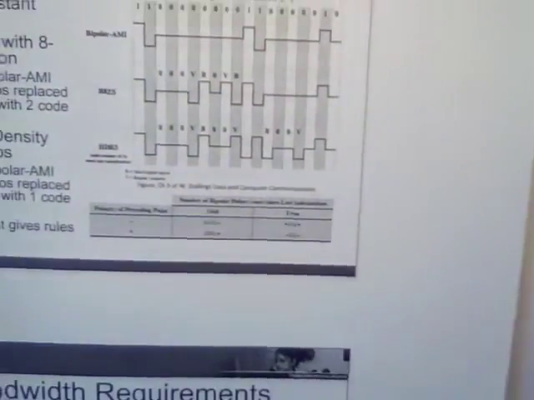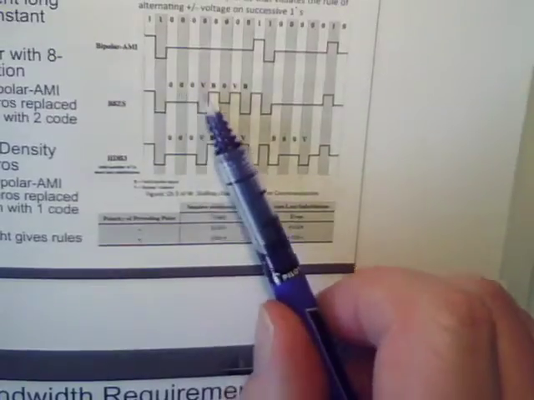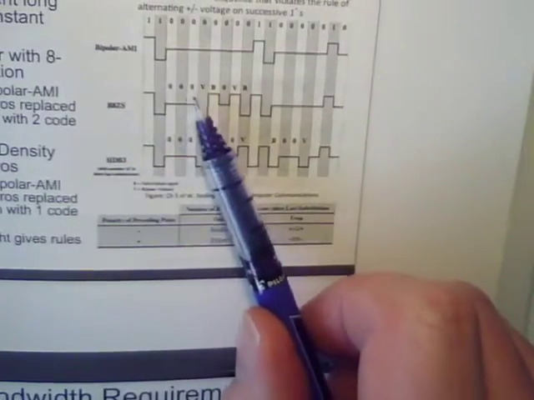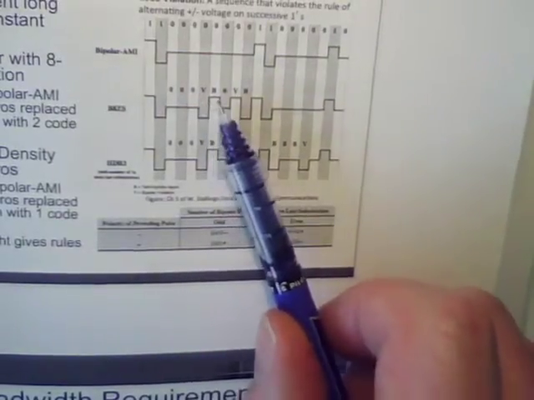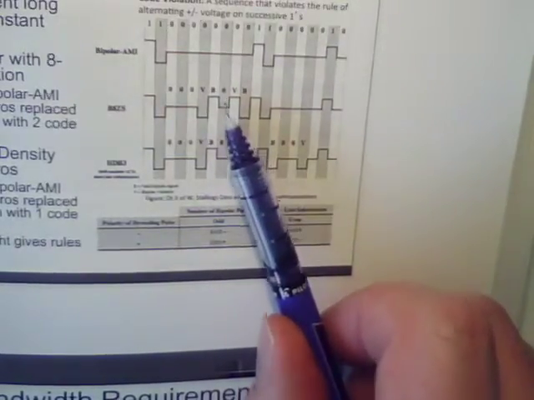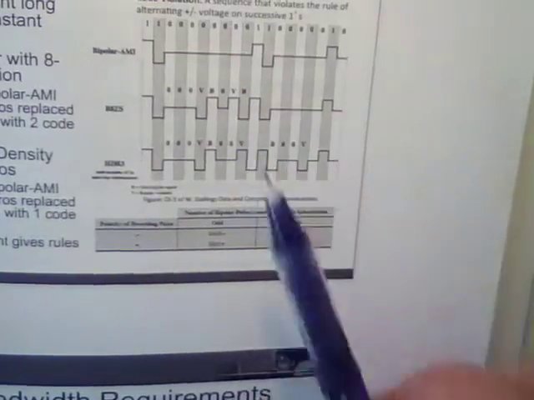It's kind of small. In any case, 8 zeros are replaced by a pattern of 0, 0, 0, VB, 0, VB. So a violation, a bipolar signal, a 0, then a violation, then a bipolar signal.